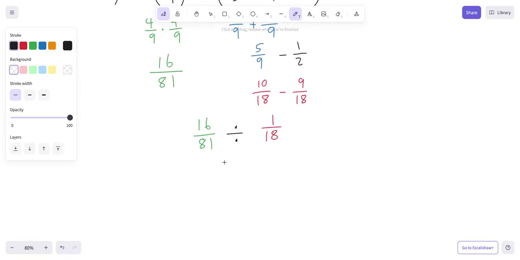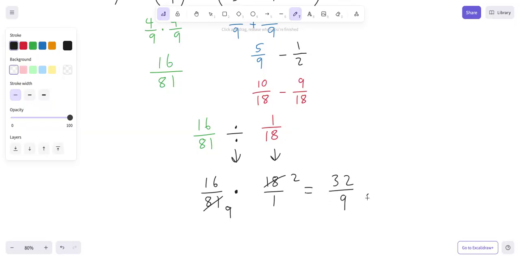So at division, I'm going to change that to multiply by the reciprocal. Let me flip the second fraction, keep the first one the same. Here, 18 and 81 can both be divided by 9 to get 2 and 9. Then I'm going to multiply across. 16 times 2 is 32 over 9 times 1 is 9.